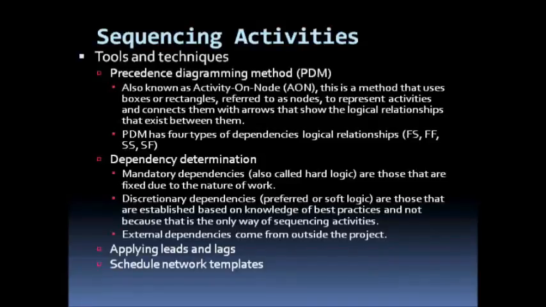It is discretionary. Then there are external dependencies which come from outside the project. It could come from the customer about the way things should be done. Those are external dependencies.